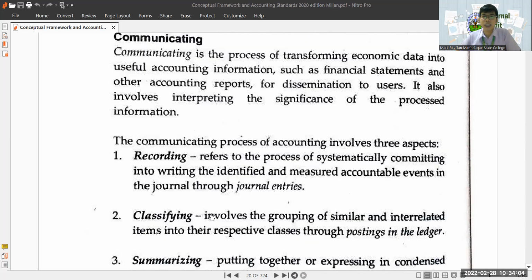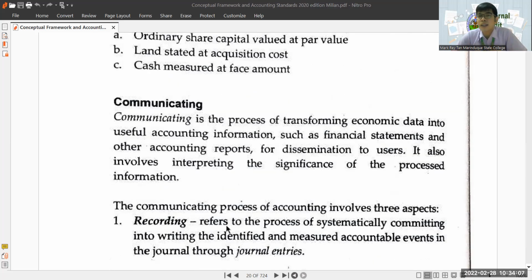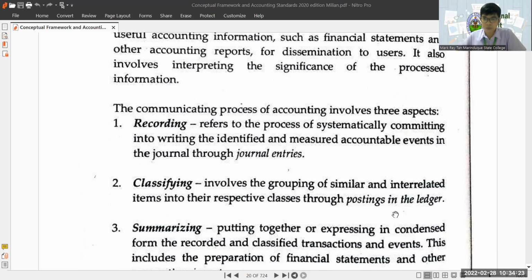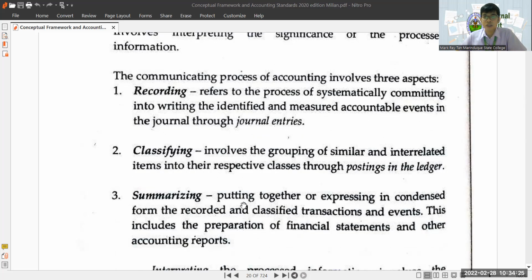So in our accounting process, it starts with recording, then you classify in the ledger, and after the ledger you go to the worksheet, where you will see what will go into your balance sheet, your income statement, etc. The first aspect is recording.